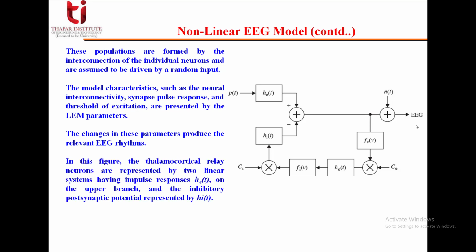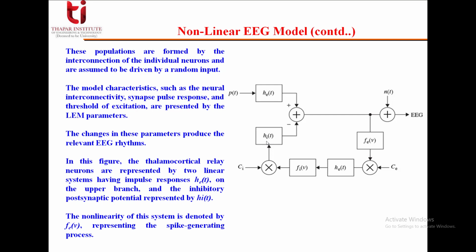In this figure, the thalamocortical relay neurons are represented by two linear systems having, you can see, impulse responses HET and HIT. HET is on the upper branch, as we can see here, and the inhibitory potential is represented as HIT.